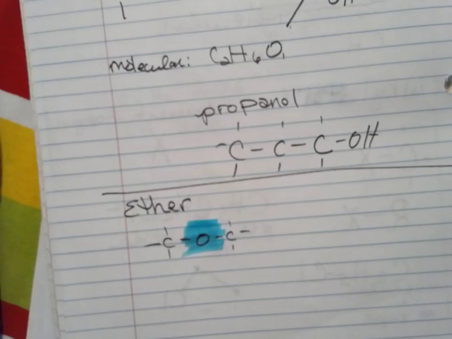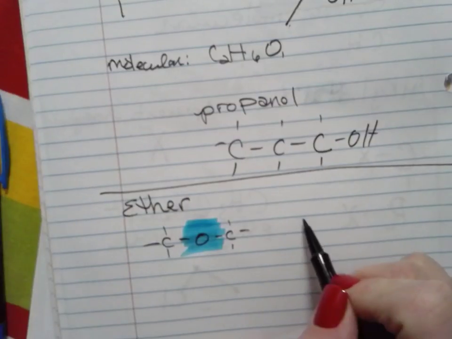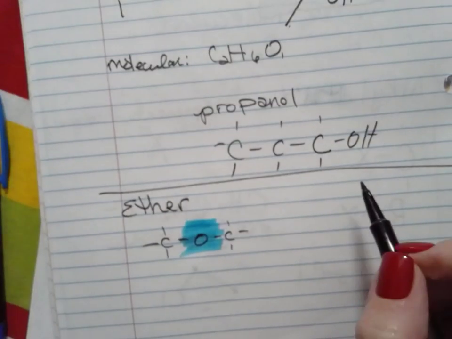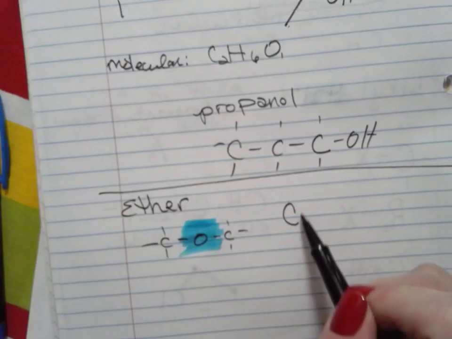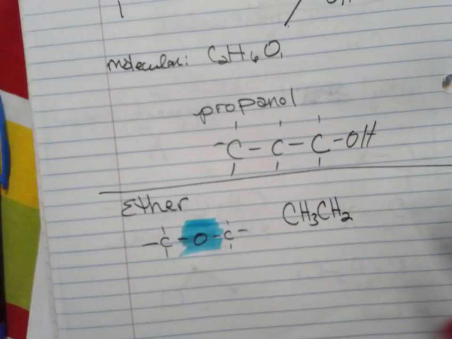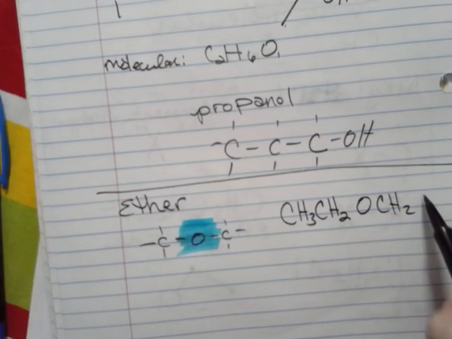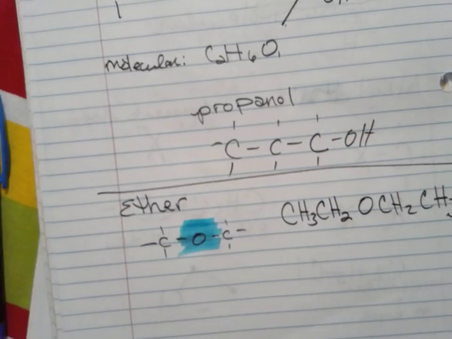An example that the book gives you is diethyl ether. I think this is the one where your book has a typo. Take a look at your book, does it have the CH2 before the CH3 here?